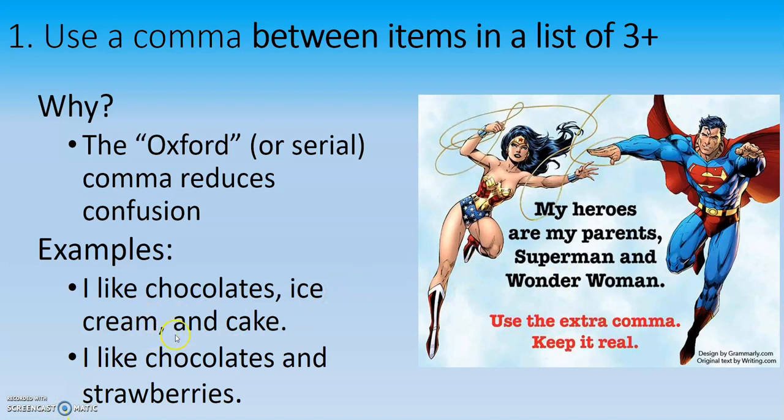So using the comma before the "and" when you've got 3 or more items in your list is considered optional, and it's called the Oxford comma, but I think it's a very good idea to avoid confusion like you have here. All right, so that is reason number 1 to use a comma. You use a comma to separate items in a list of 3 or more items.